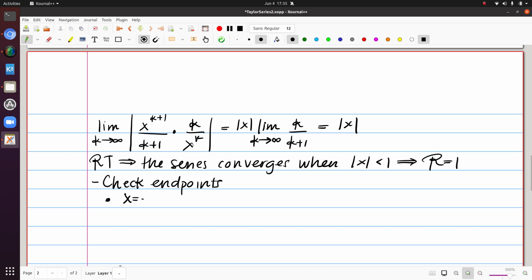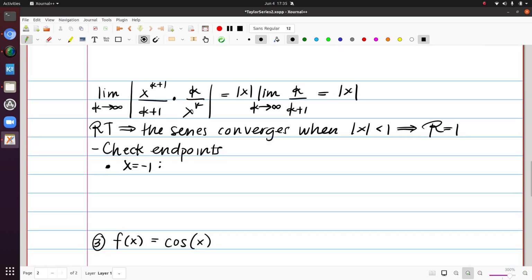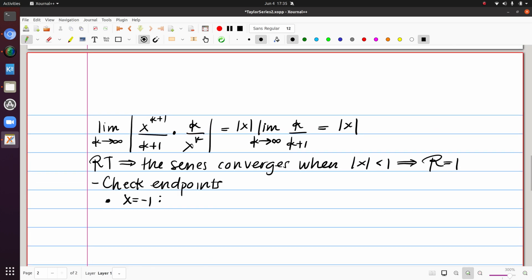So if we plug in -1 to the sum we found above, we're going to get the sum from 1 to infinity of -1 to the k plus 1. And then x to the k now becomes -1 to the k. But we can simplify that. We have -1 to the k times -1 times -1 to the k. But -1 to the k times -1 to the k is always going to be positive.